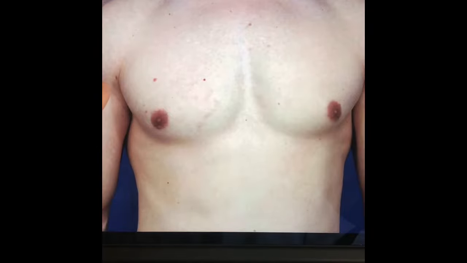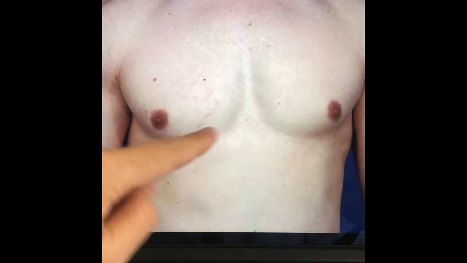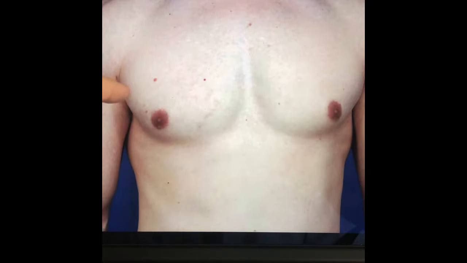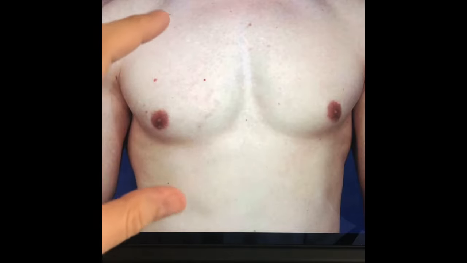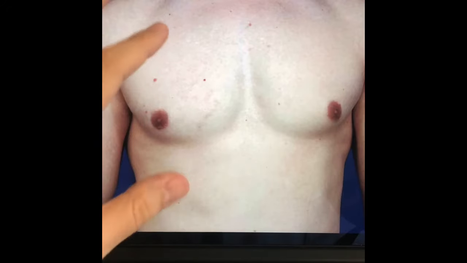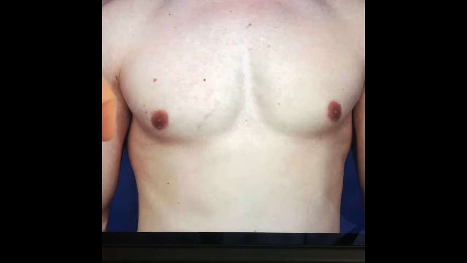We did some liposculpture in the inferior part of the pectoral region by the use of a special cannula. We've taken a very small amount of fat. There wasn't much to be taken, and afterwards we did the incision here, just from 3 o'clock to 9 o'clock, or 4 o'clock to 7 o'clock, as we do it on a regular basis.